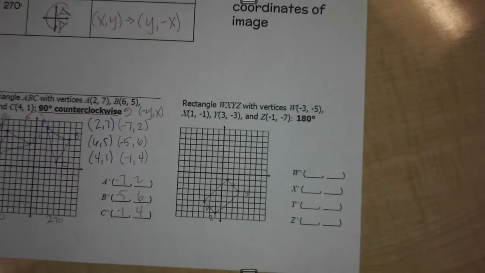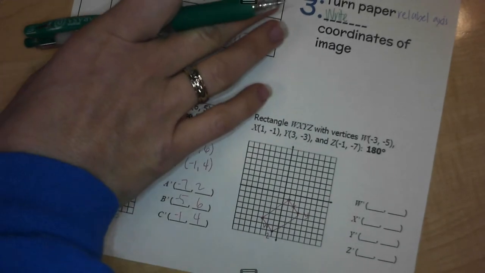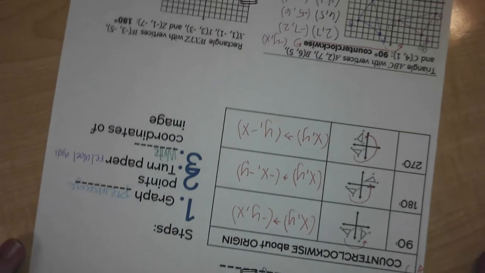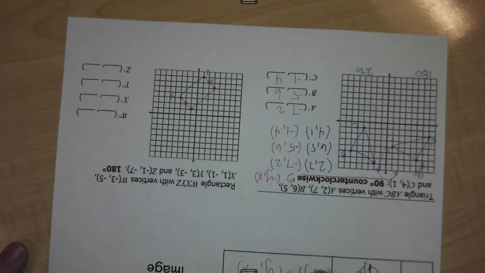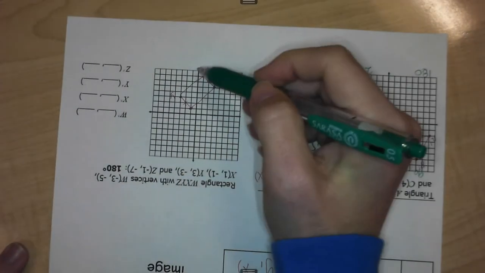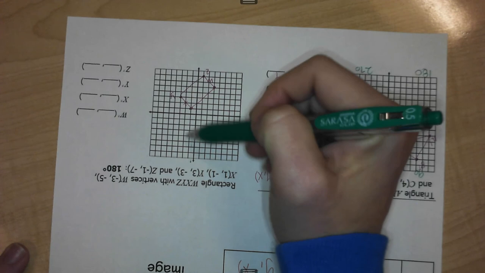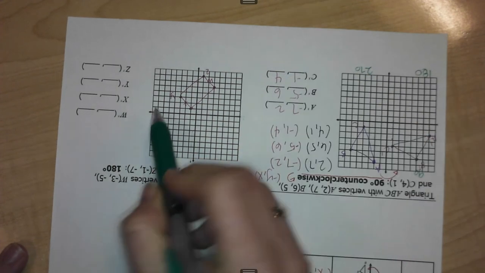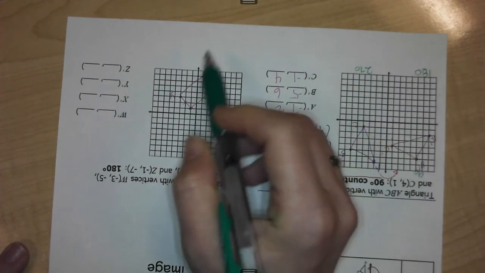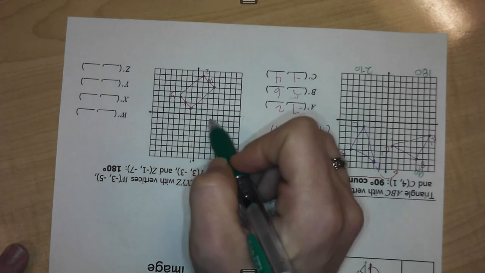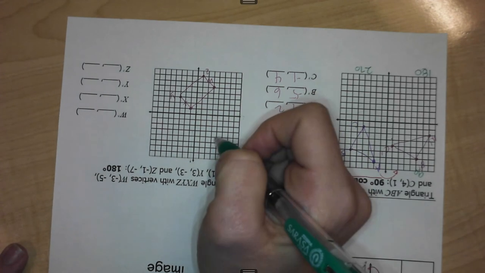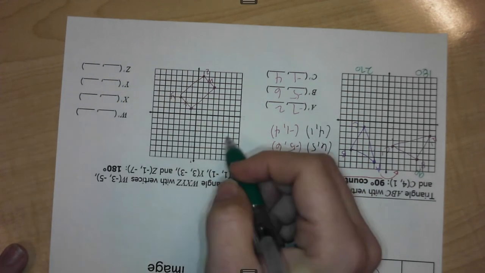All right, let's look at how we did this one. We graphed our pre-image, and now I'm going to turn the paper 180 degrees. So this is 90, this is 180. Now this is going to be my x-axis, and this is going to be my y-axis. And these will be my positive numbers and my negative numbers. And now I'm going to look at where these points are, and those will be the points for our actual image.